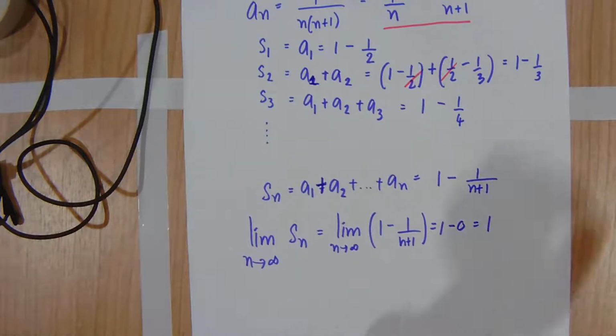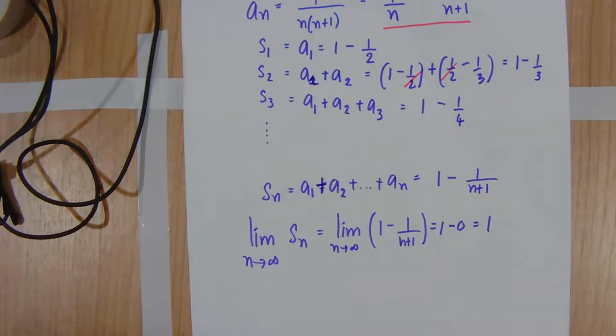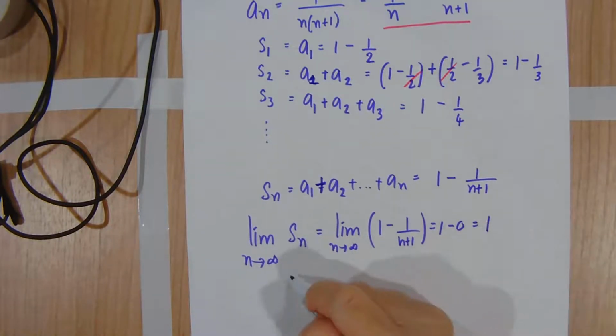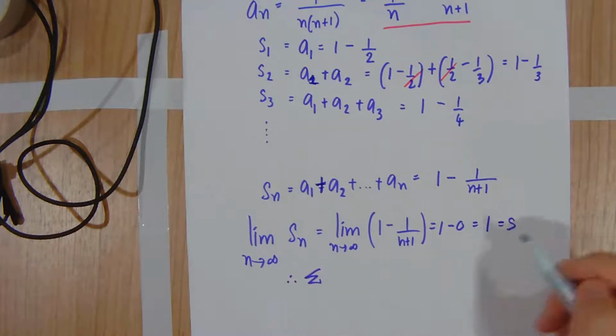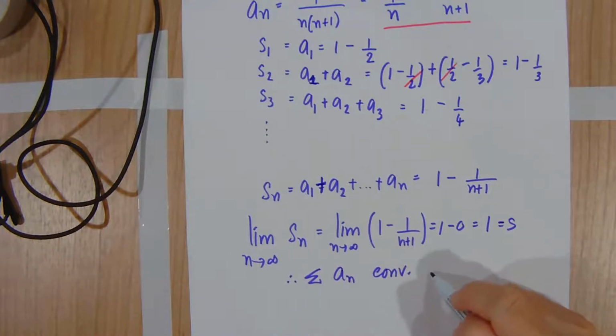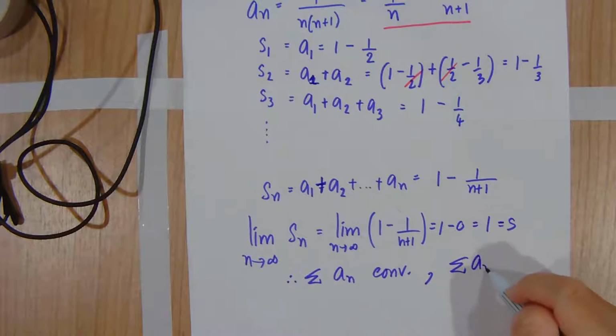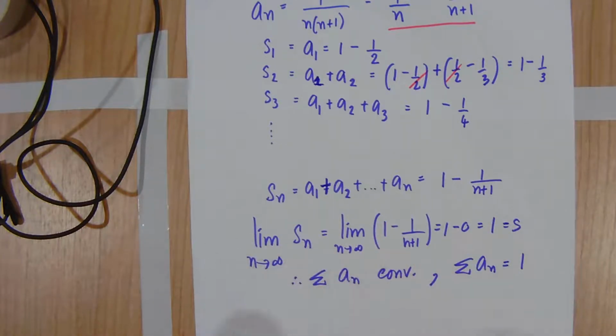If the limit of S_n exists, we can conclude that our series converges, and the sum of the series is equal to the limit of S_n.